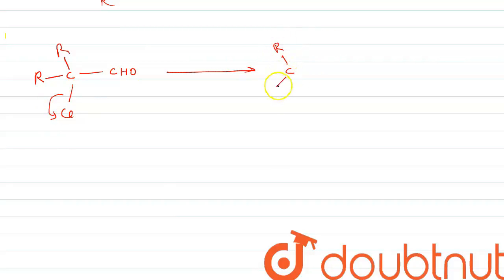Our compound is R-C-Cl, here is chlorine and here is the aldehyde group. The same goes for this one. The leaving group leaves and a carbocation forms like this.